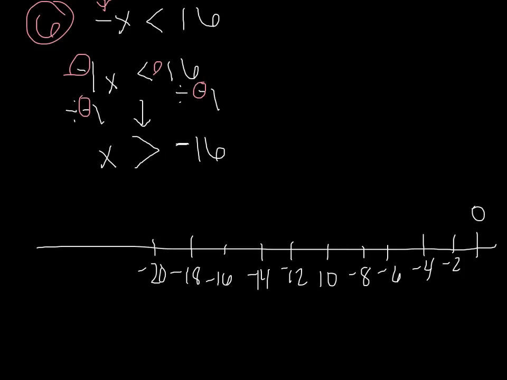Is my circle going to be open or closed? It is going to be an open circle because it cannot be equal to negative 16. So I'm going to draw my open circle. x is greater than negative 16. Greater than, that means our line is going to go to the right. And we are finished.